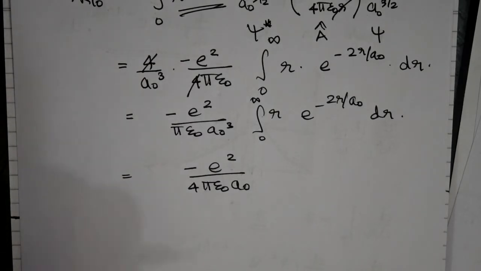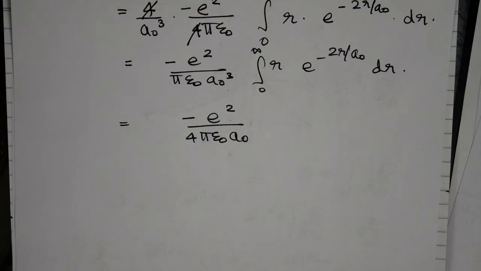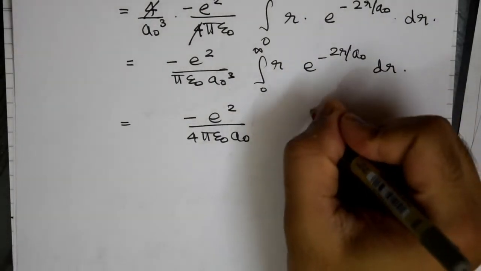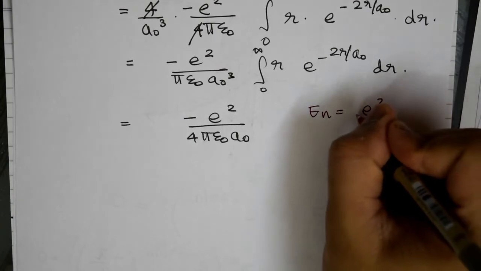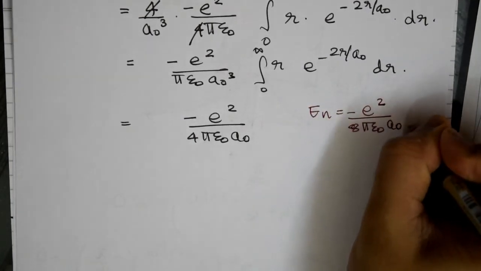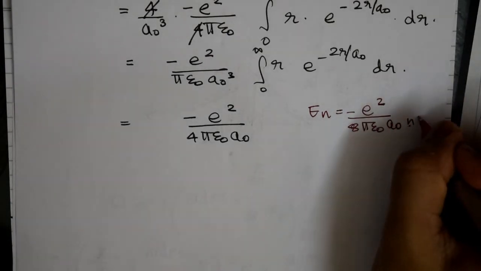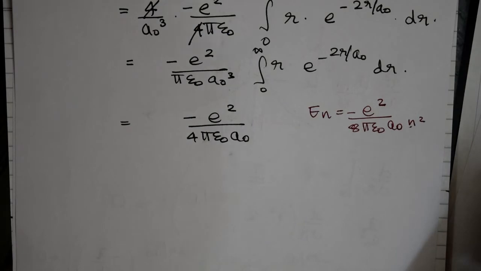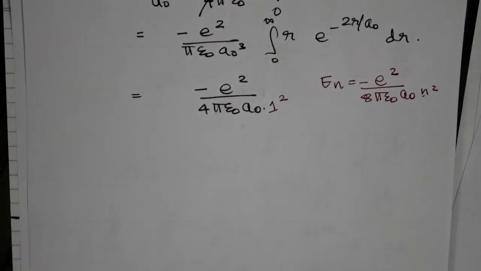Okay, now having done this, this resembles something to us right away. So let me write some other equation that might help you correlate this. The En was given by minus e square divided by 8 pi epsilon naught a naught, over n square. In this case, n is 1, so we are also able to say there's a 1 square here because this n value is equal to 1.